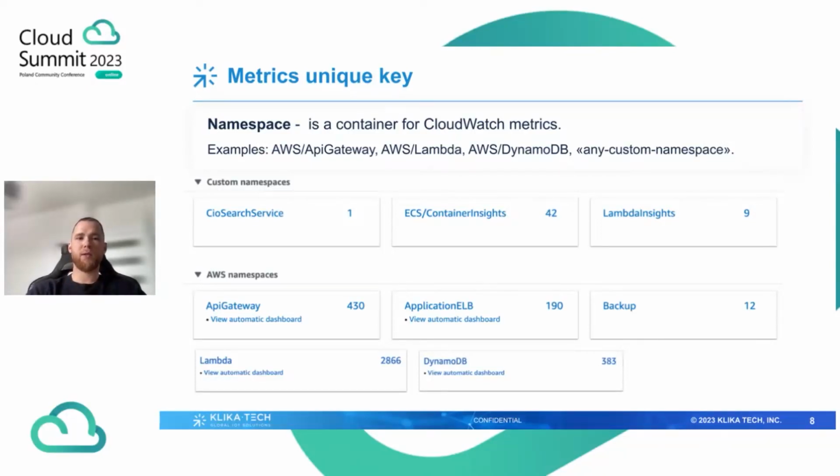For example, metrics for an Amazon API Gateway service might be organized in a namespace called AWS/API Gateway. On this slide, you can see how it looks in CloudWatch. The AWS namespace contains multiple folders inside, including the Lambda namespace folder and the DynamoDB namespace folder. Metrics in different namespaces are isolated from each other, so that metrics from different applications are not mistakenly aggregated into the same statistics.